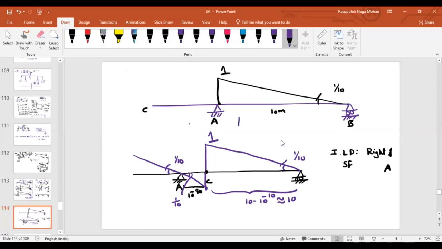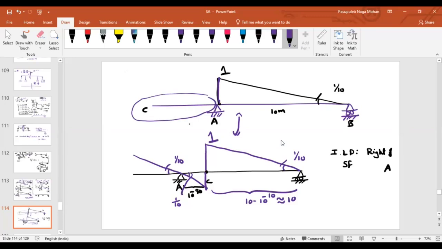What is the difference between these two? As I'm telling you, just to the right of point A, you will think that only the right side part will be upward, but you will neglect the overhanging part.